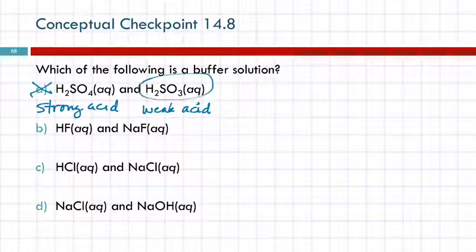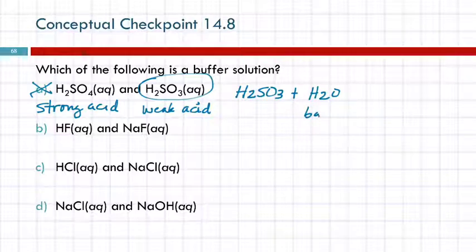Let's look at this weak acid, though, and ask ourselves, what would the conjugate base of that be? What do acids do? They donate hydrogen ions. They donate protons. They lose hydrogen ions. So when we put H2SO3 in water, the water acts as the base. This is the acid.